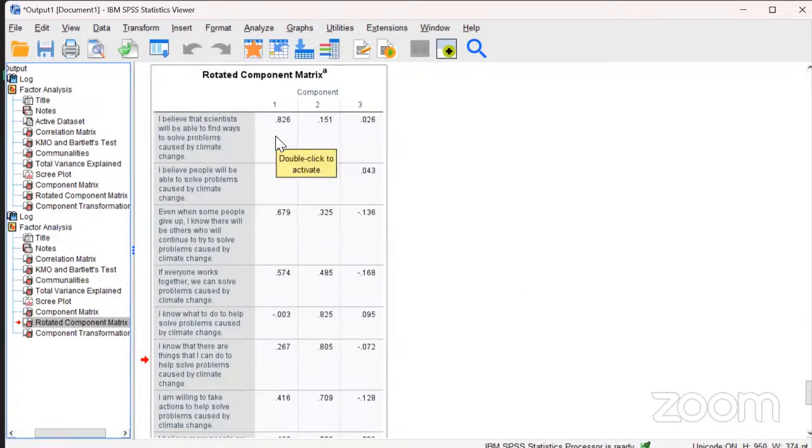I mean the item. I believe that scientists will be able to find ways to solve problems caused by climate change. And what is the next item? I believe people will be able to solve problems caused by climate change. So do you find any relationship between these two items?